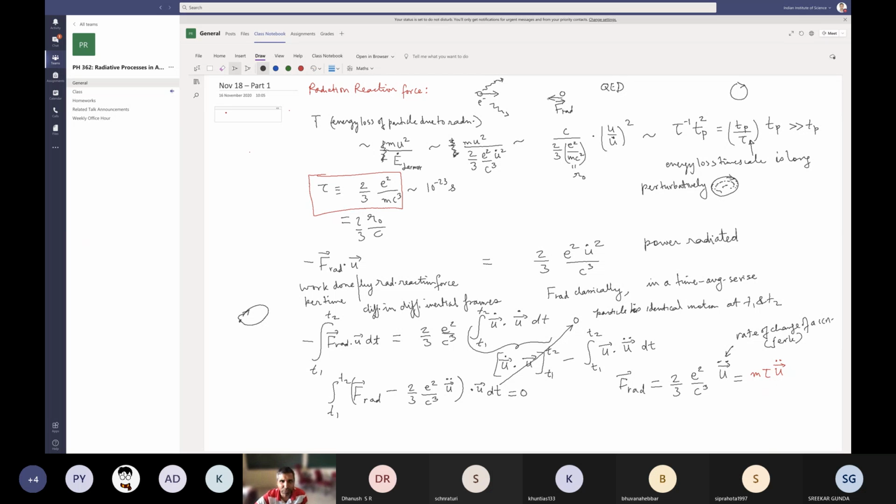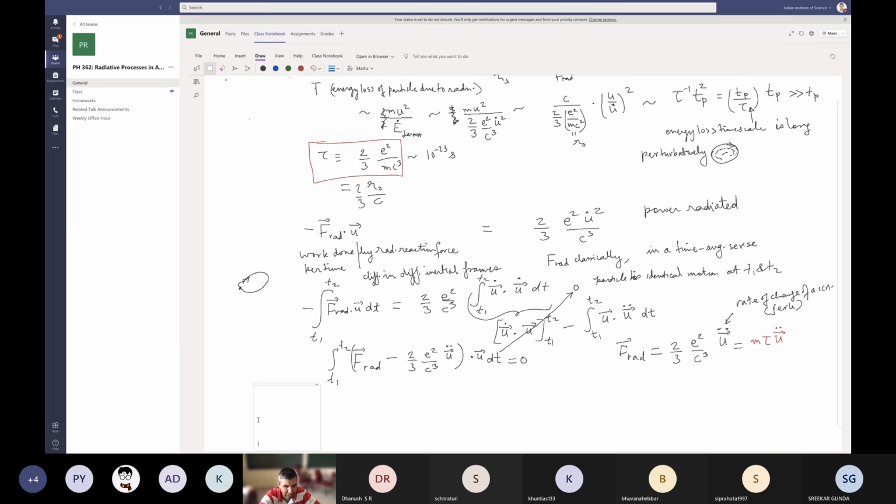Okay, and the idea is that this force should slow down the particle, and that is what appears as radiation. So whenever you have energy loss, there has to be a force, right? Because force does the work. Okay, so this is about the radiation reaction force. Is there any question here?